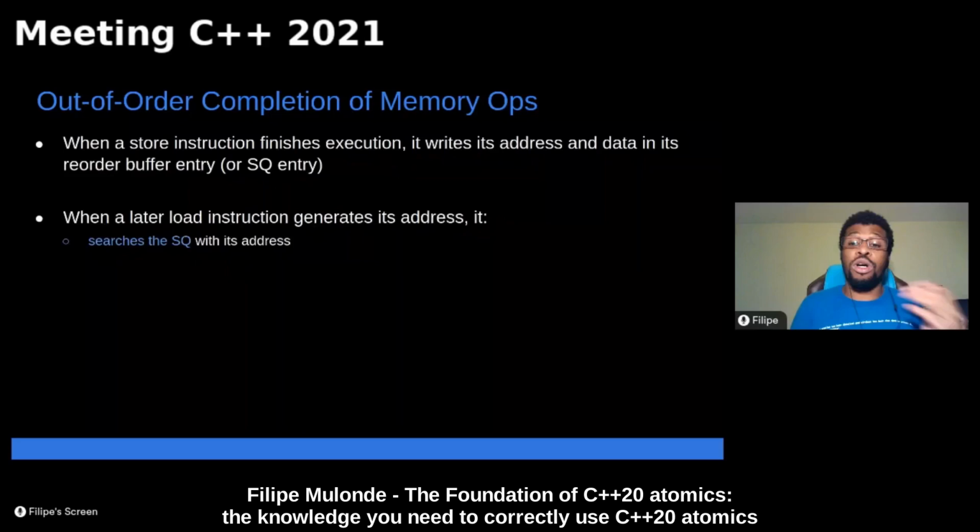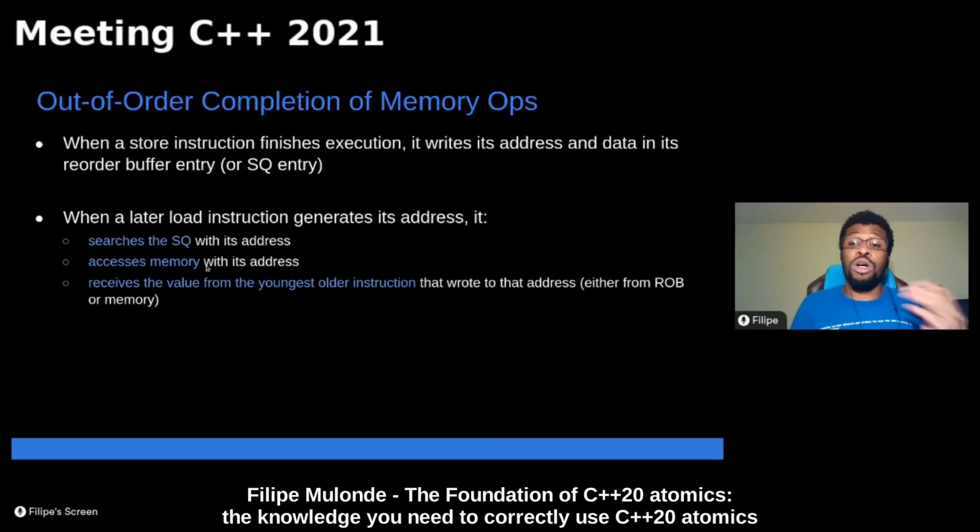And when a later load instruction generates its address, it first searches the store queue with its address and accesses the memory with its address. So why do we need to access the store queue and the memory? Well, if the value is not in the store queue, we need to go to memory, right? Because the value may be in the store queue or maybe in the memory.